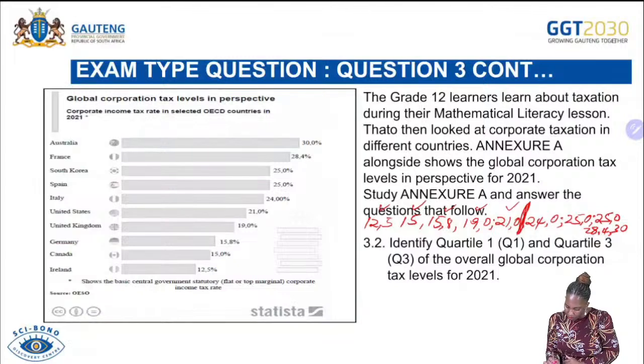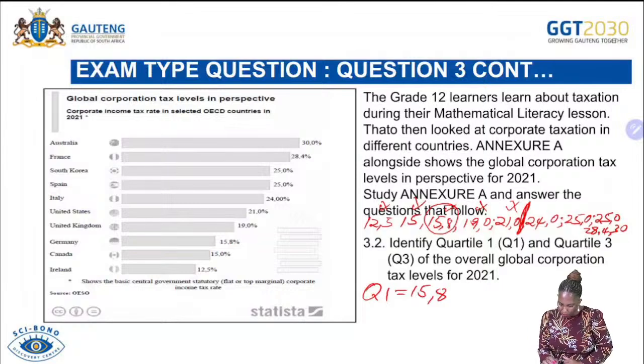Now for me to get my lower quartile, the Q1, it will be 1, 2, 3, 4, 5. So my middle value here, my Q1, will be what? 15,8.